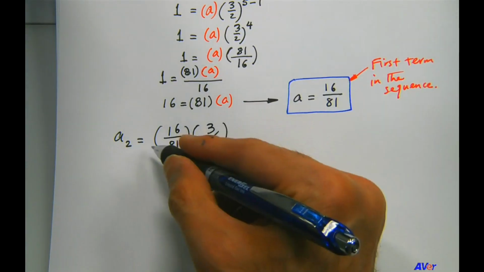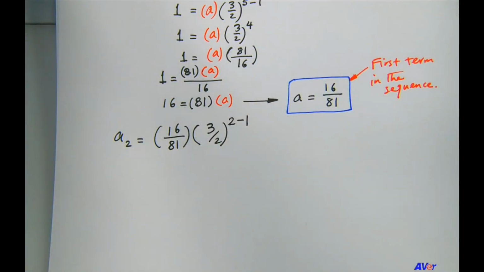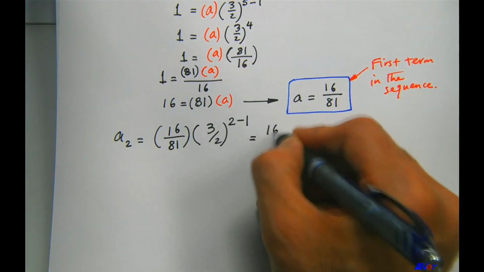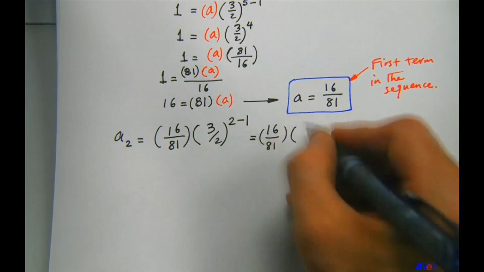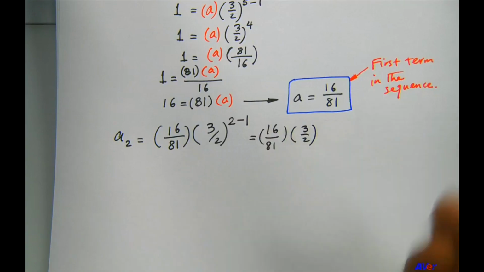This is the second number we're looking for, so 2 minus 1, right? Okay, so let's simplify this. We have 16 over 81 times 3/2 to the 2 minus 1, which is 1.